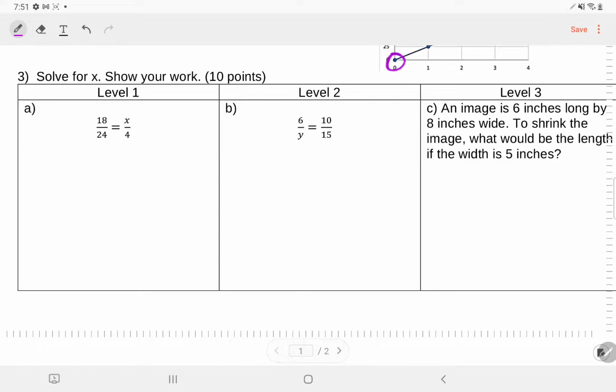For number 3, solve for x, show your work. So we're going to be solving proportions. Remember, there are 3 rules when solving proportions. 1, can we find the scale factor? 2, if we can't find the scale factor, then we clear fractions by multiplying both denominators.